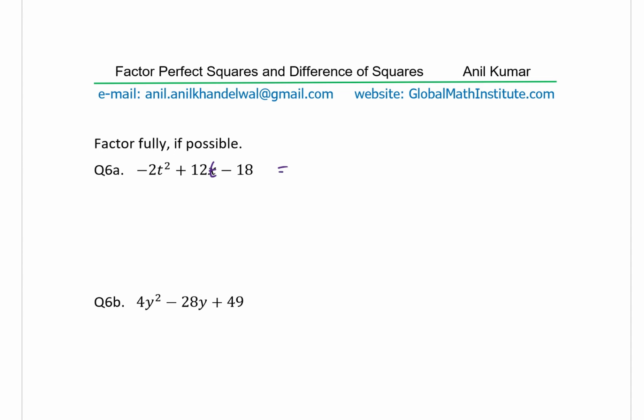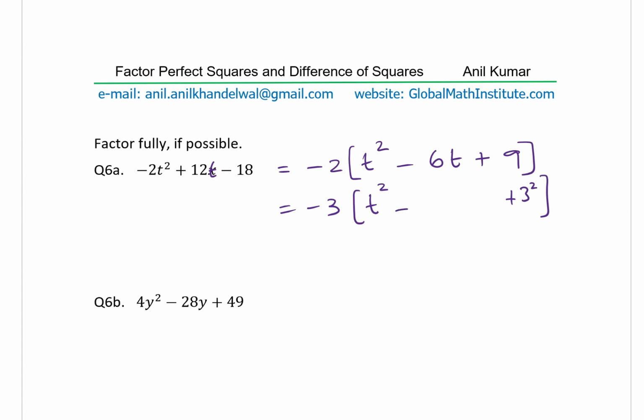Now let's rewrite this by factoring out minus 2 first. When you factor minus 2, you get t squared, and the signs inside will change. 12 divided by 2 is 6, so 6t, plus 18 divided by 2 is 9. Now 9 is 3 squared. So that reminds us we could write this as t squared, and this is 3 squared, correct?